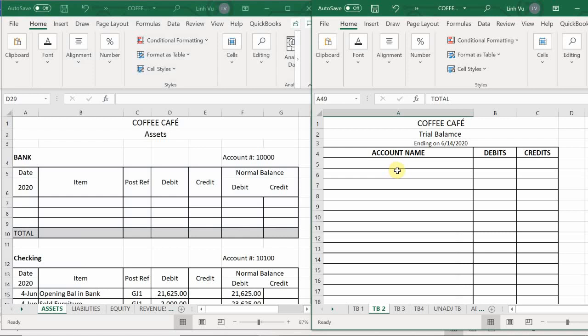Now here, I'm going to let you guys know this ahead of time. When we reach the very end of the month and we have to do our unadjusted trial balance, when I ask you to do a trial balance based on the main accounts, you're going to have to do that instead of having all the accounts there.